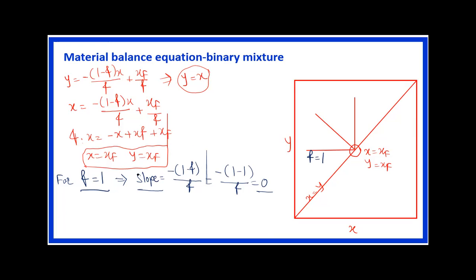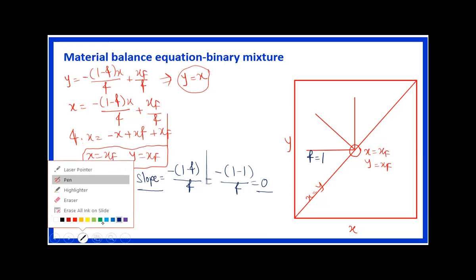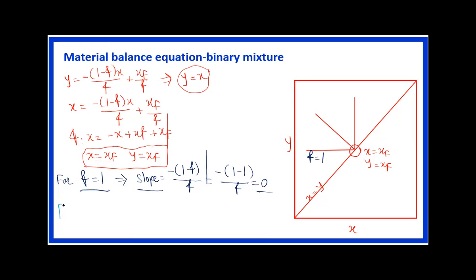Then another case is if f equal to 0, then slope becomes minus 1 minus 0 upon 0.